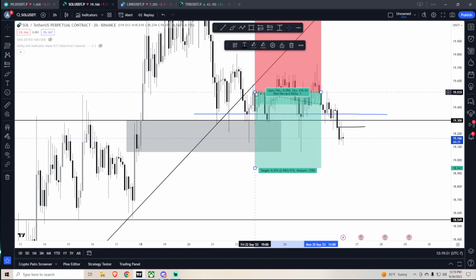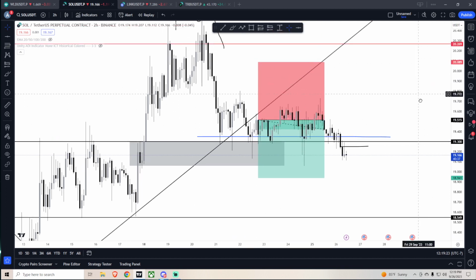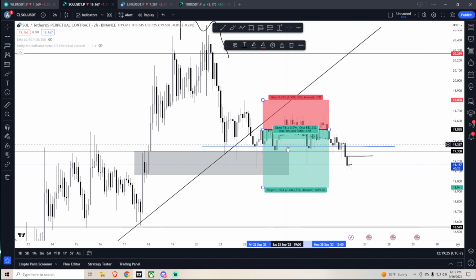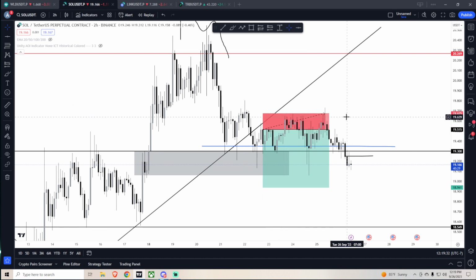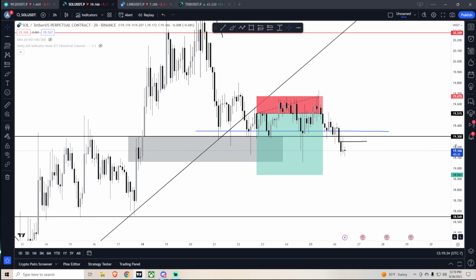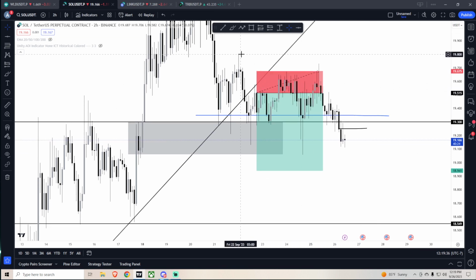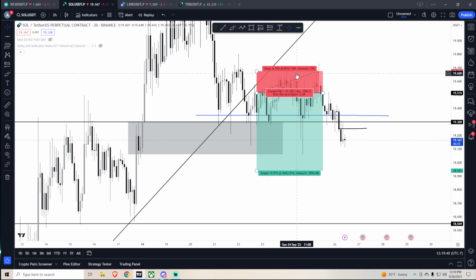So if this was your entry, okay, and you add it there, right, you're going to move your stop loss to possibly above these wicks here now. Okay, lower your risk from that high because you added more to your position. So you're going to lower your stop loss to about there.